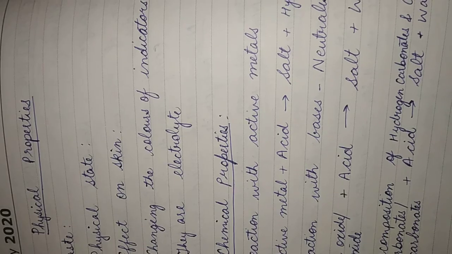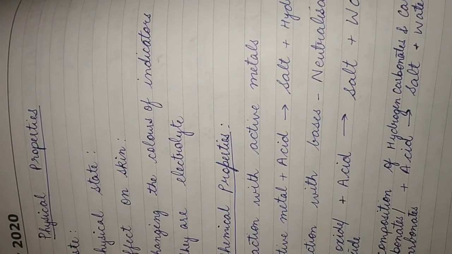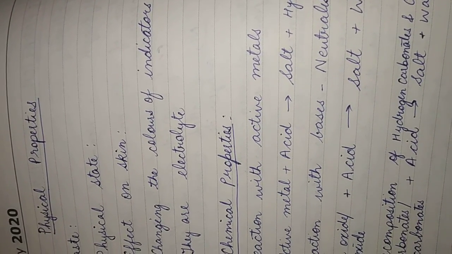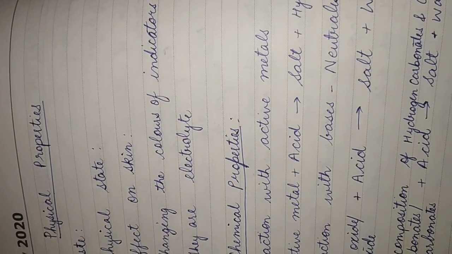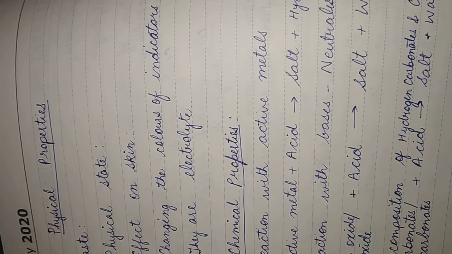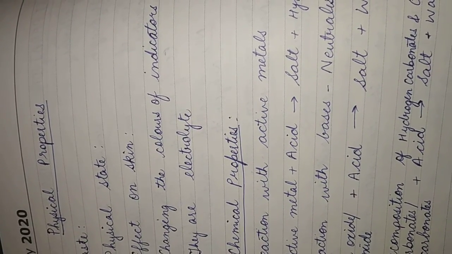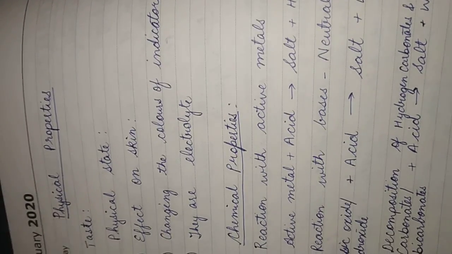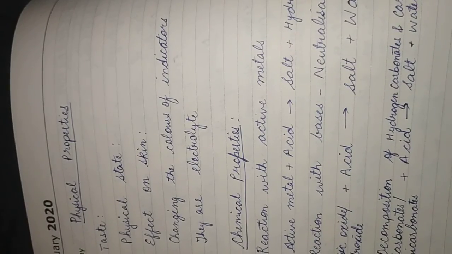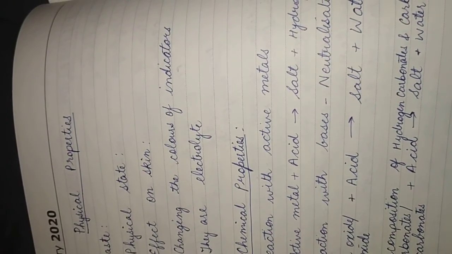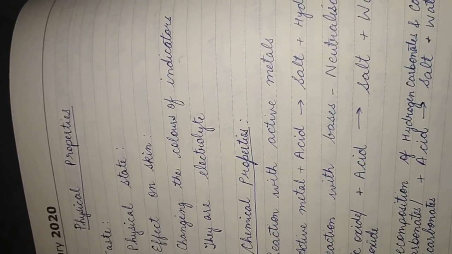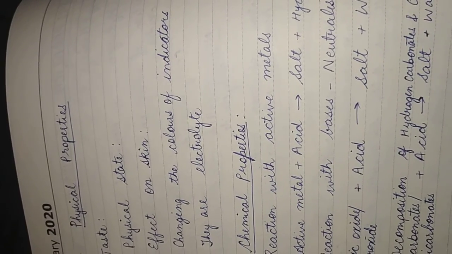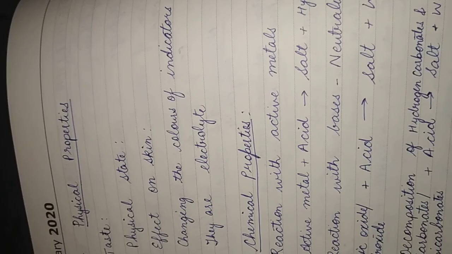But nitric acid, being a very strong oxidizing agent, we do not use for the preparation of hydrogen gas, because of its strong oxidizing nature, it reacts with the hydrogen, so the purpose of producing hydrogen gets defeated.